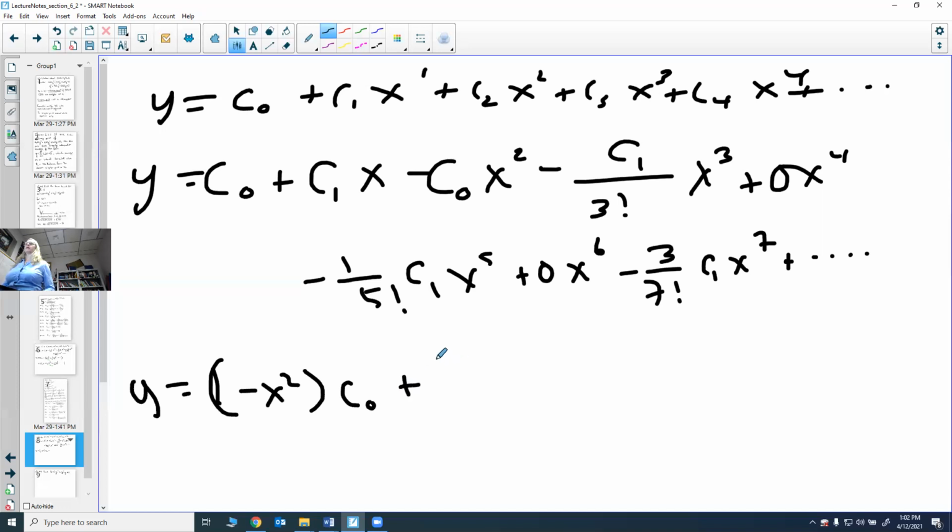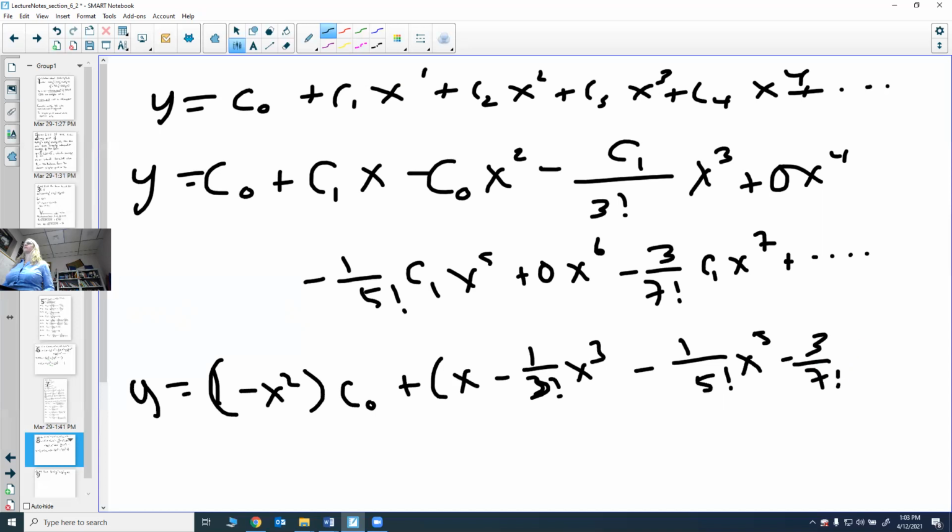So we have an x times C1, a minus 1 over 3 factorial x cubed times C1, a minus 1 over 5 factorial x to the 5th, and so forth. And then minus 3 over 7 factorial x to the 7th, all times C1.